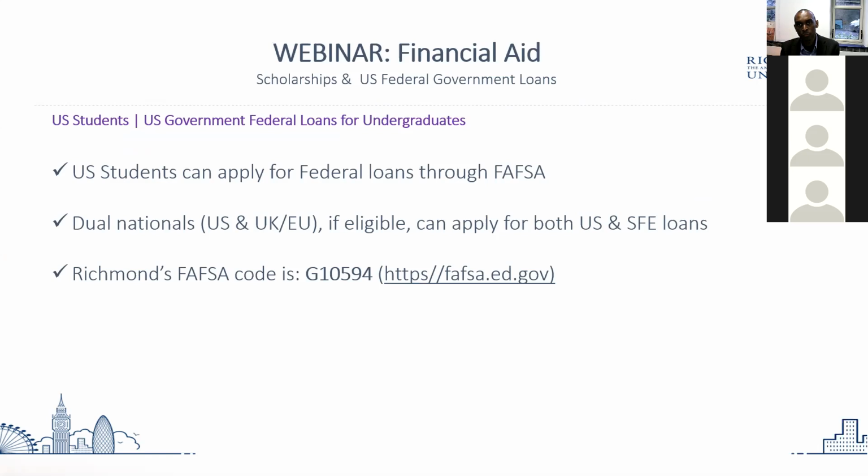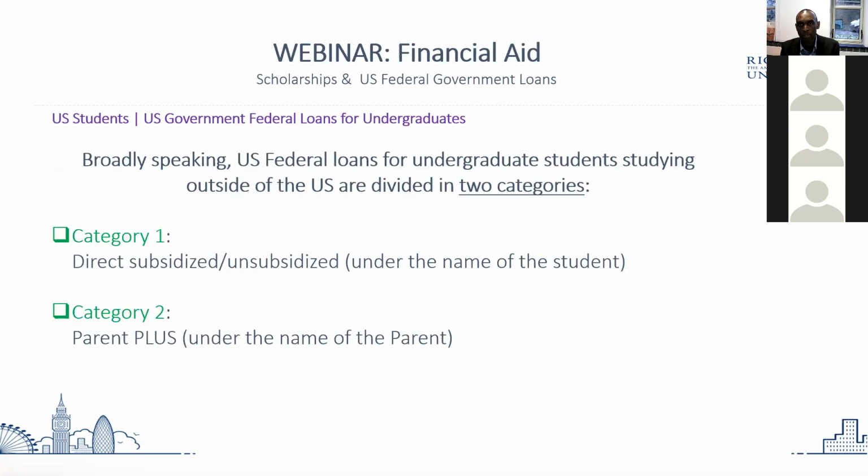If your application is pending, we'll wait until you've been formally accepted before we issue the loan award letter. So please keep an eye out for that, and feel free to coordinate with our US admissions office if you want to follow up. You'll receive the letter by mail, but the admissions office can also email an electronic version of the letter.